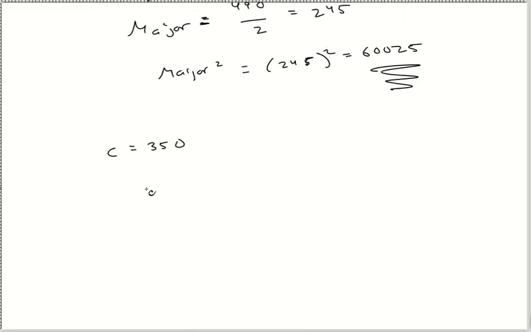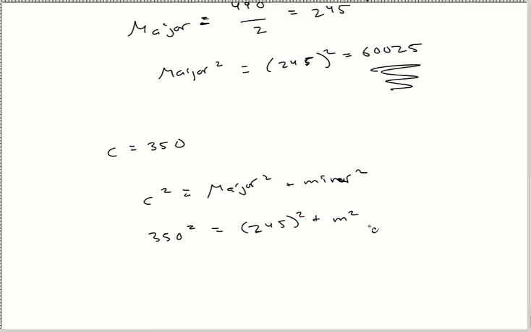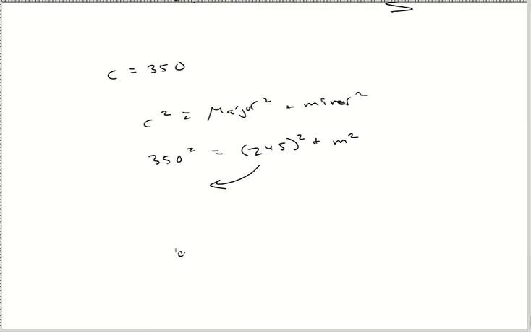Now, we know that c squared is equal to major squared plus minor squared. Same old formulas. Nothing ever changes here. So again, this is going to be the 245 squared, plus minor squared. We're going to solve for it. Move this over to the other side, subtract them, and all that kind of stuff.